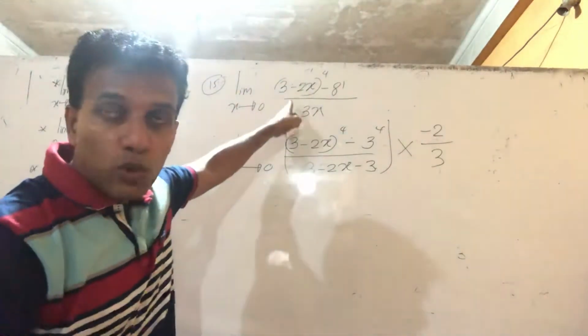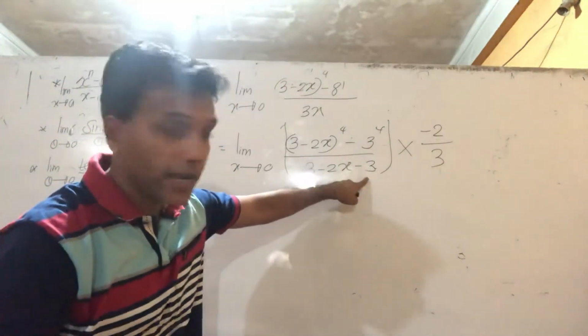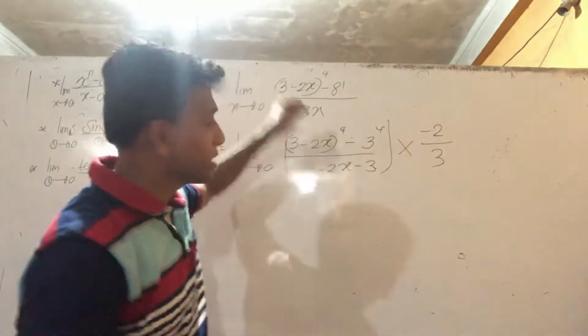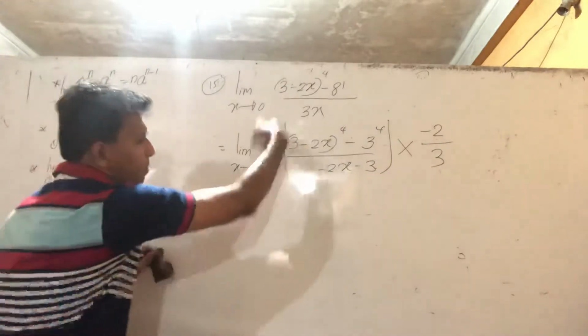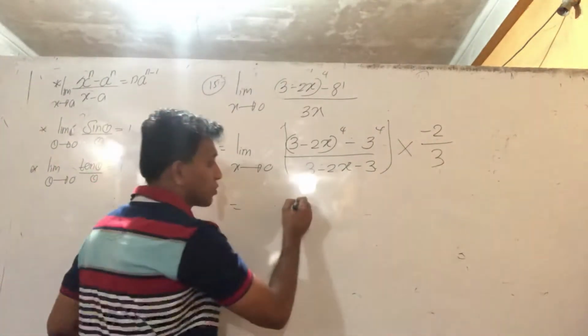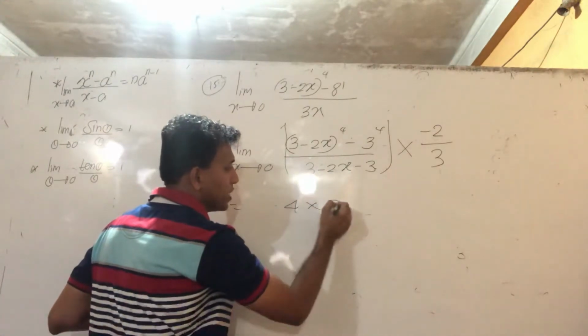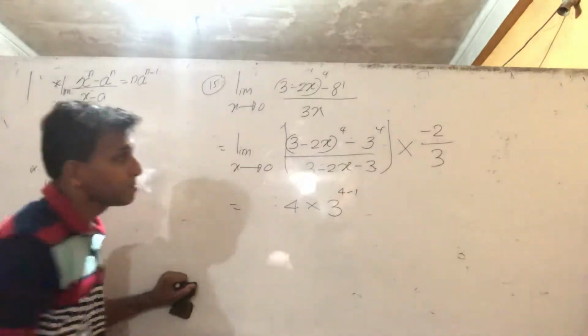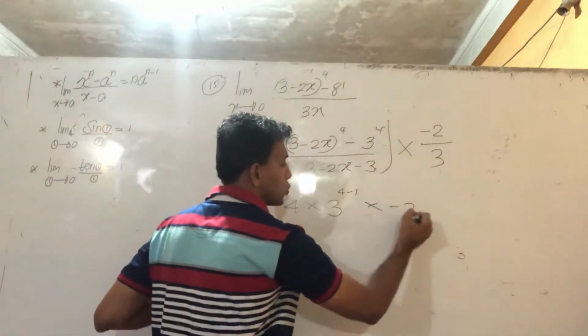Above numerator is okay. Here 3 cancels, right? Minus 2x, minus 2 cancels. 3 times x, 3x. So apply the rule here, n a to the power n minus 1. So 4 into 3 to the power 4 minus 1. Okay, and here minus 2 over 3.